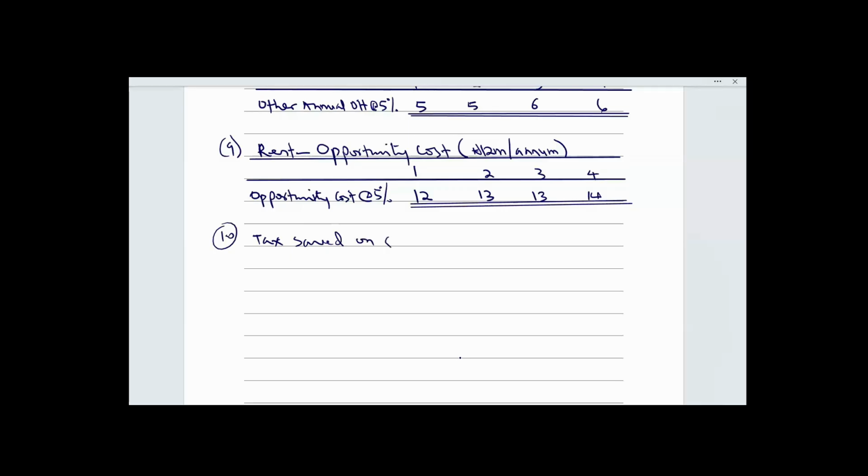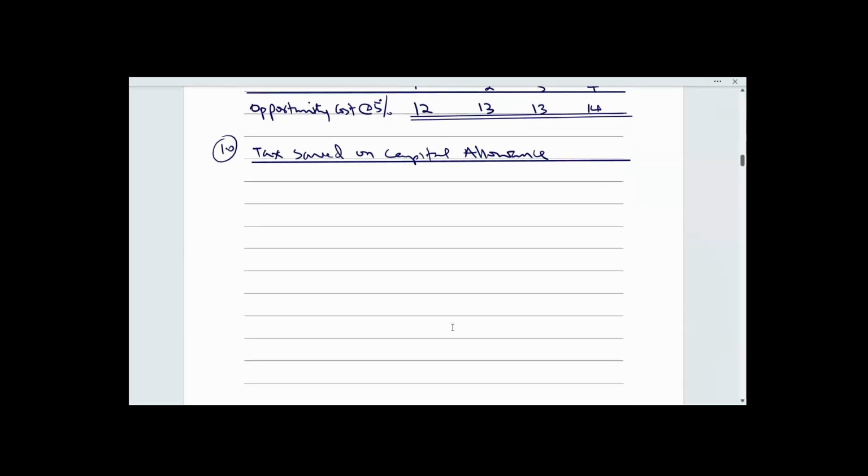on capital allowance. Because this is on a straight line basis, we don't need to be sweating over this. First thing first, you calculate your capital allowance, which has been given to you as 21 million naira.